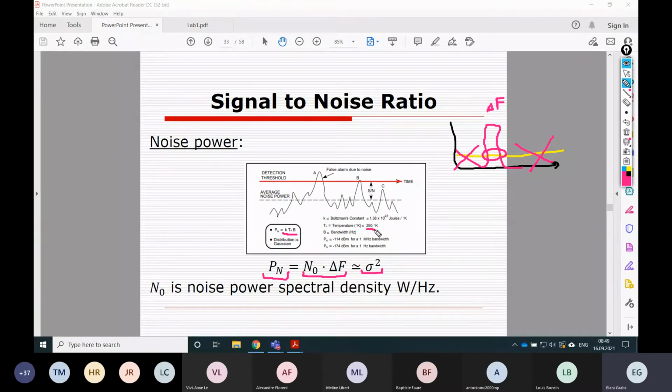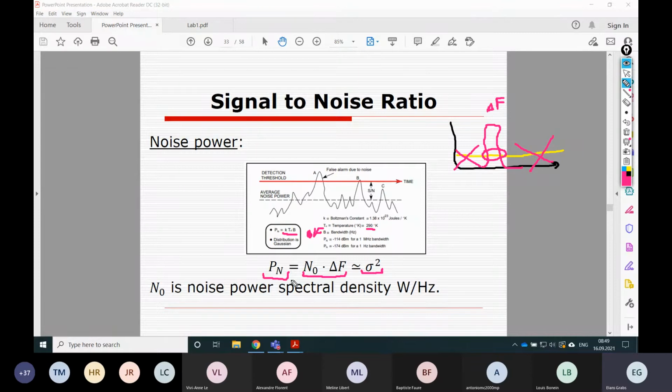For room temperature of 20 Celsius degrees, we'll have 290 Kelvin. And B is the bandwidth, the delta F I am referring to in my course. So this comes up together here.